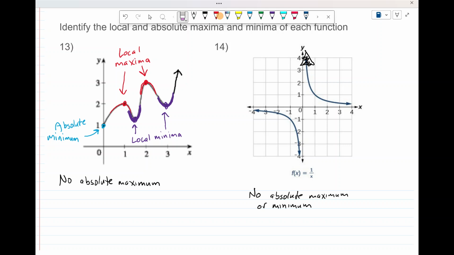But again, this graph is asymptotic to the x-axis. So there's actually, in this case, no local minimum, nor is there any local maximum.